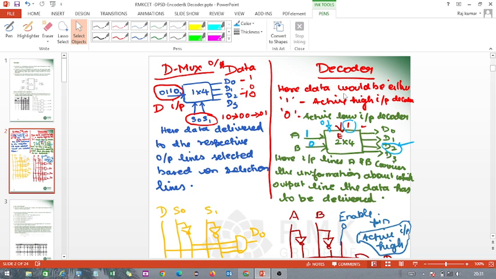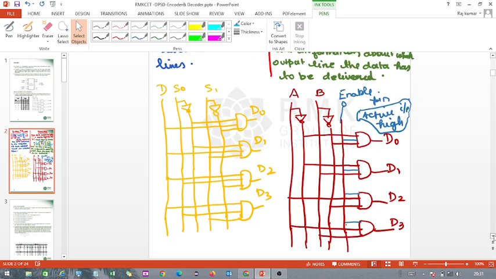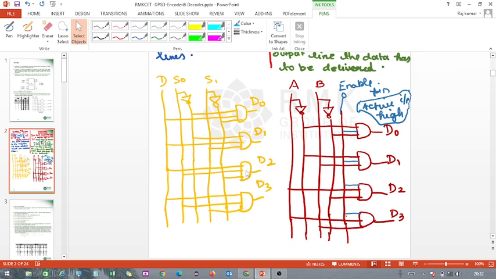So look at the decoder circuit. For the same 1 cross 4 in demultiplexer and 2 cross 4 in decoder, both will look the same if you draw and see. That is why they call both similar. Look at this.